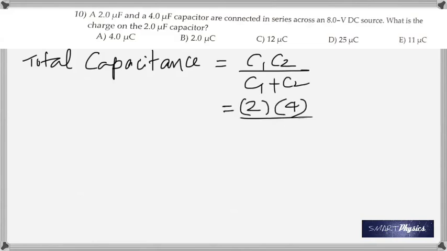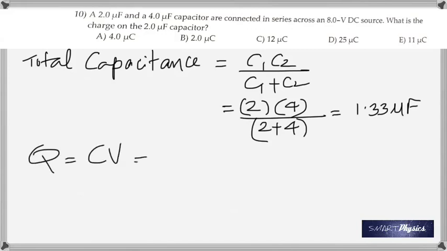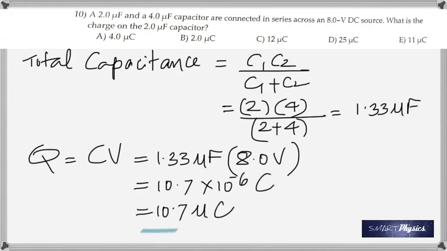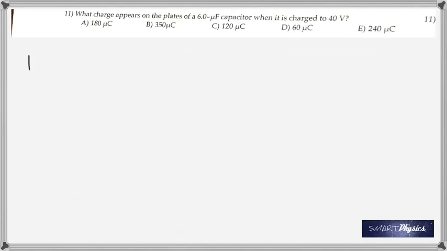And that gives you 2 times 4 by 2 plus 4, which is 8 by 6, 1.33 microfarad. Then find the charge by multiplying this capacitance with the voltage, which is 8. So when you multiply, you get 10.7 times 10 to the minus 6 coulombs, which is 10.7 microcoulomb.